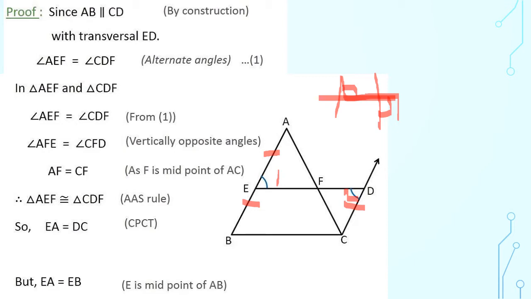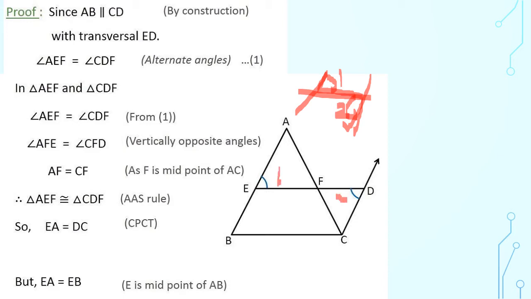Wait a minute, let me draw it properly. These two, this one and this one. Here it is 1 and 2. So these are alternate interior angles.